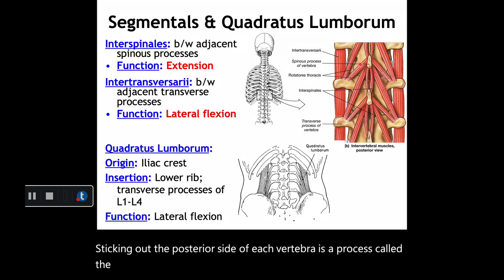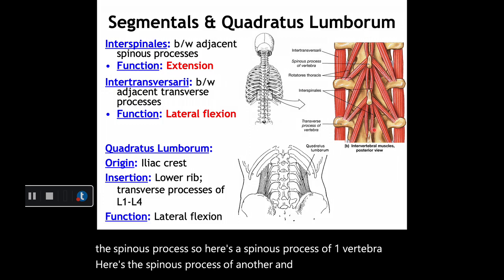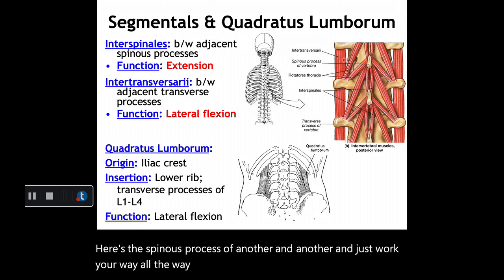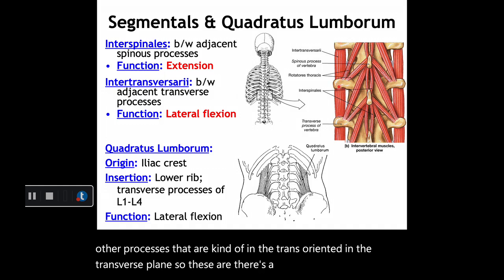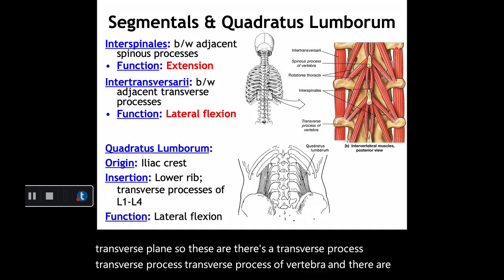So here's a spinous process of one vertebra. Here's the spinous process of another, and you just work your way all the way down. Now, most vertebrae also have these other processes that are oriented in the transverse plane. So there's a transverse process of vertebra, and there are three more on that side.